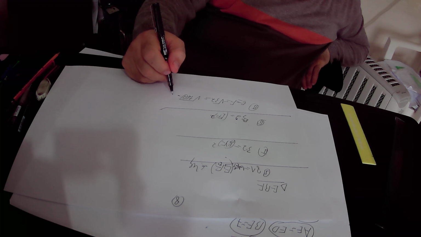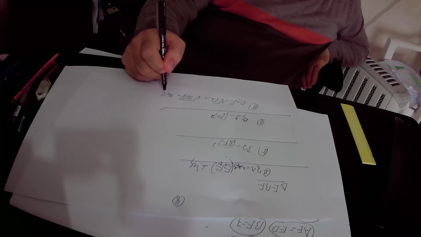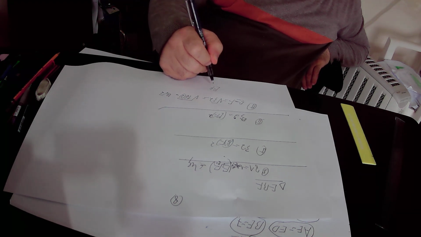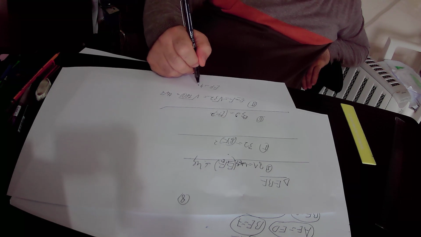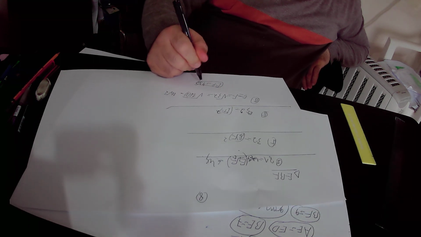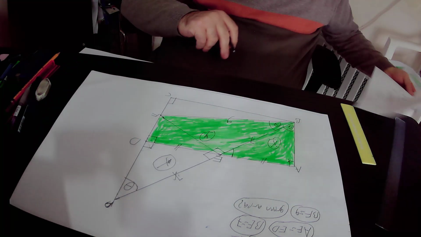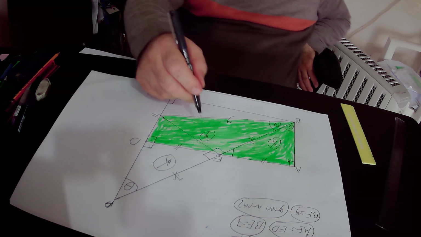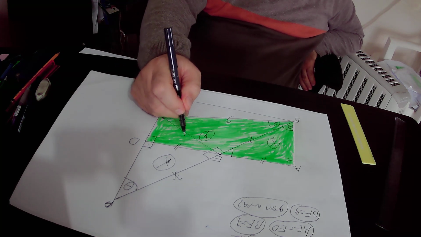And the square root of 16 is 4. So in conclusion, we found out that EF equals 4 times square root of 2. So here we can write down that EF equals 4 times square root of 2.